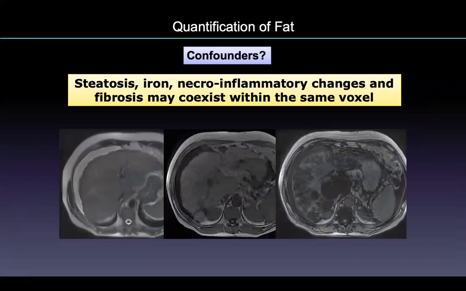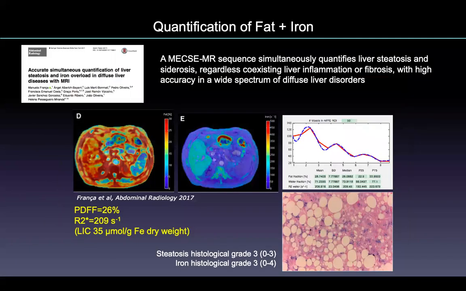Okay. But we know that liver steatosis frequently coexists with iron, inflammation, and fibrosis, particularly in the scenario of diffuse liver diseases. And all these histological features can modify the signal intensity of MR. So it is important to interrogate the role of these possible confounders in steatosis quantification.